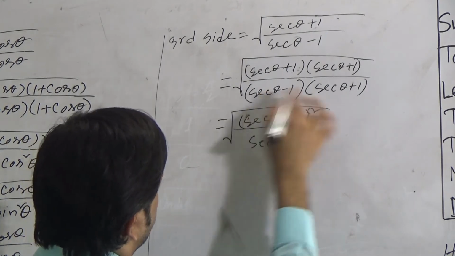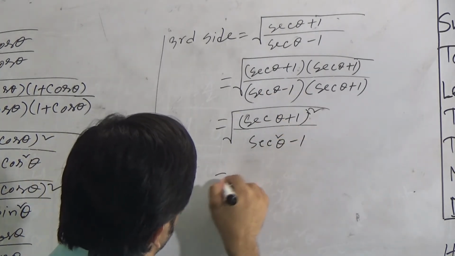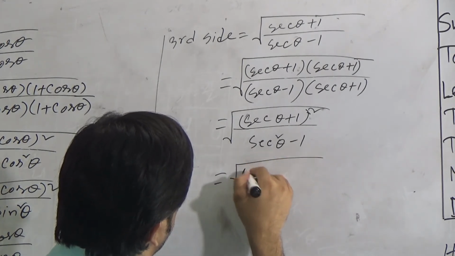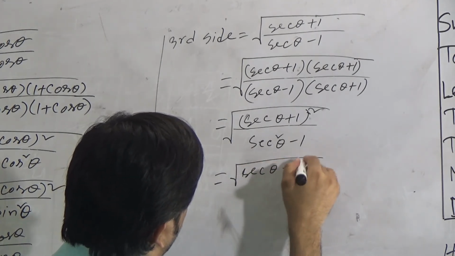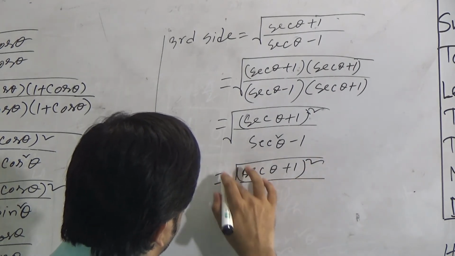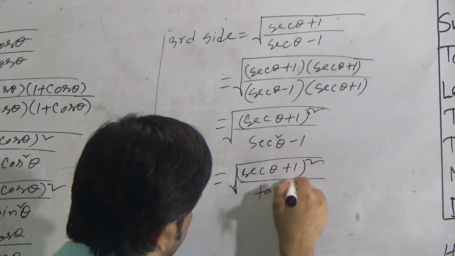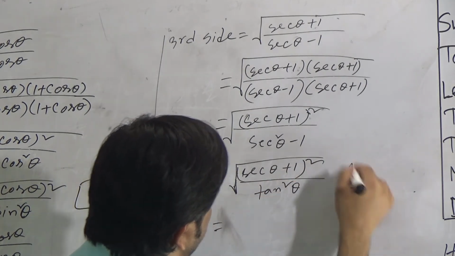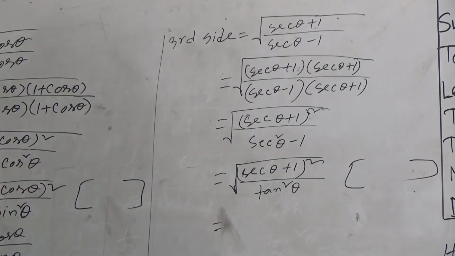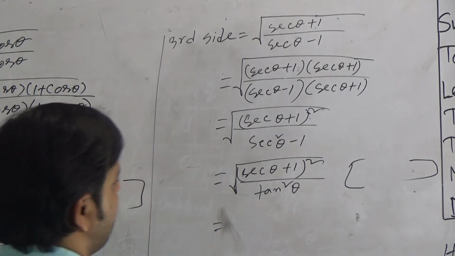It means a minus b into a plus b, sec square theta minus 1. So we can write here sec theta plus 1 whole square divided by sec square theta minus 1, which is equal to tan square theta. We have seen this. If you want, you can write the side note of the identity tan square equal to sec square minus 1.